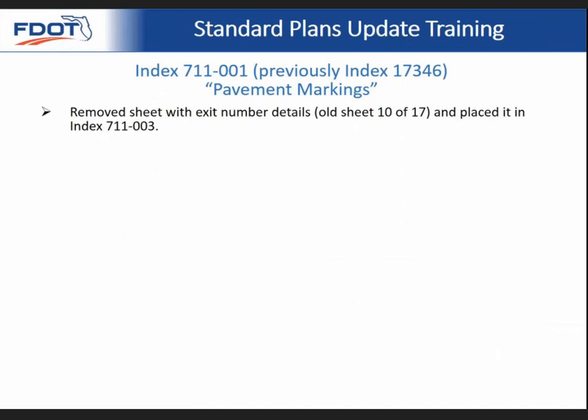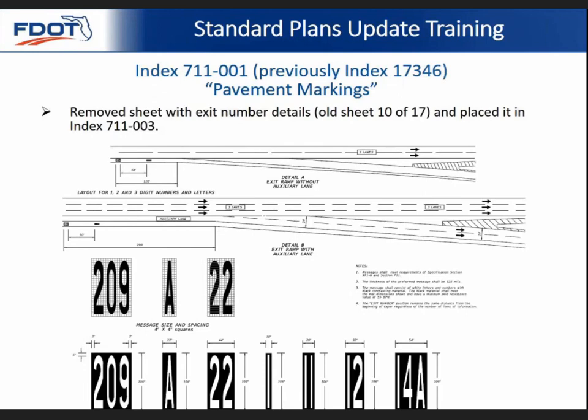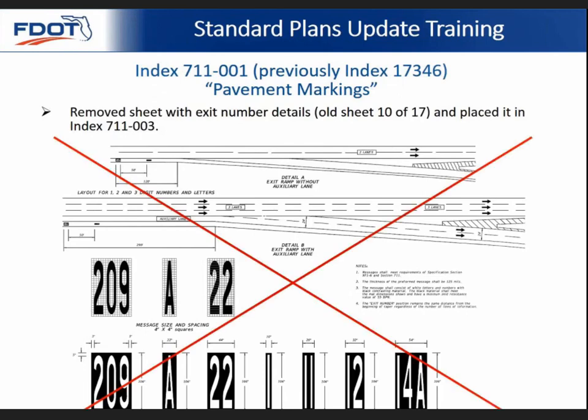The sheet with the exit number details, the old sheet 10 of 17, has been removed and placed into index 711-003, the interchange markings index. And that is because these details are only relevant to those interchange markings anyways.